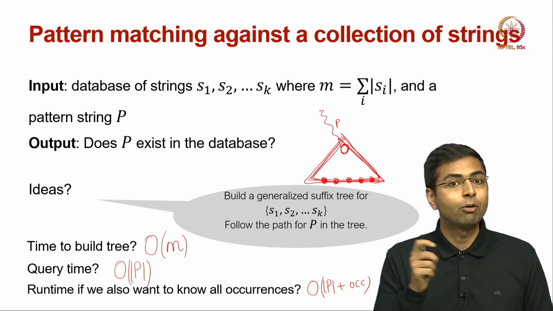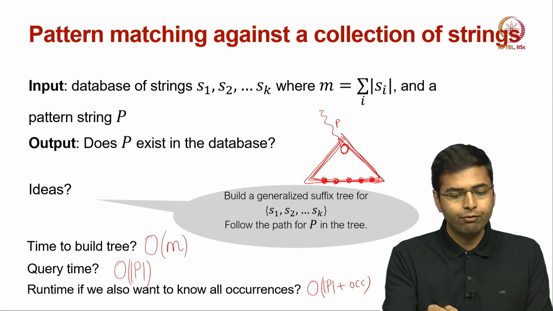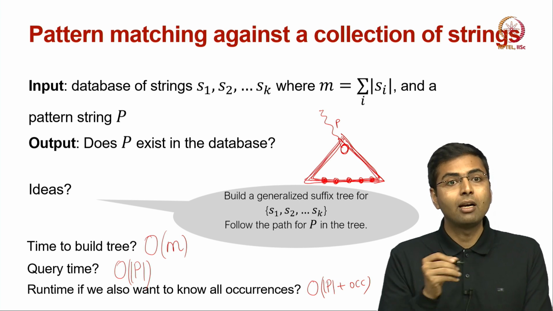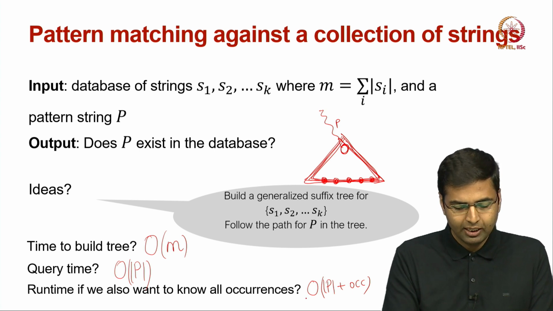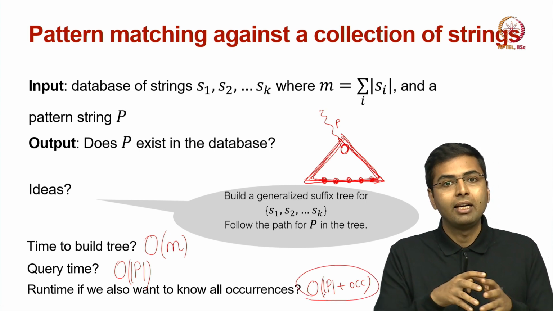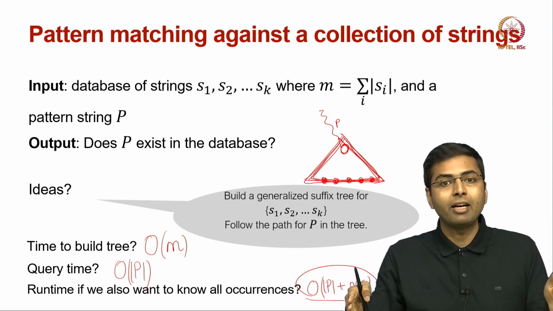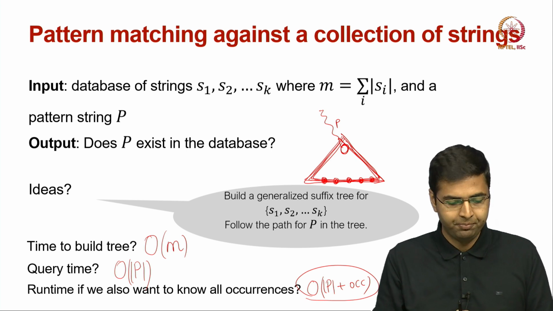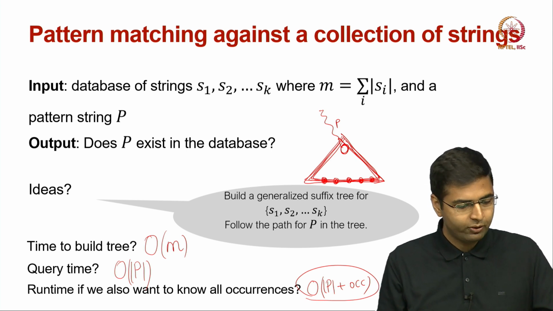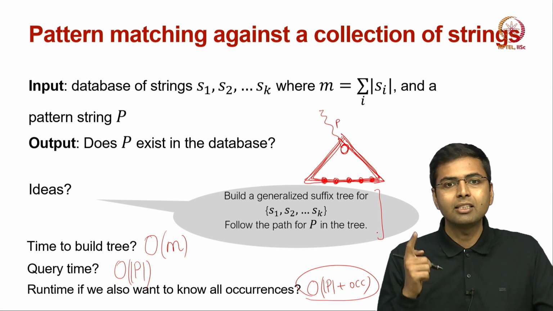Remember that the number of internal nodes in a suffix tree is not more than the number of leaves in the tree. Similarly, for this subtree as well, the number of internal nodes cannot exceed the number of leaves in the subtree. Therefore, the time we have to spend in locating the pattern until that node and then doing a linear time traversal of that subtree is order p plus OCC. So, that was the first application, and as you can see it is a very simple algorithm that can be described in just 2 lines.